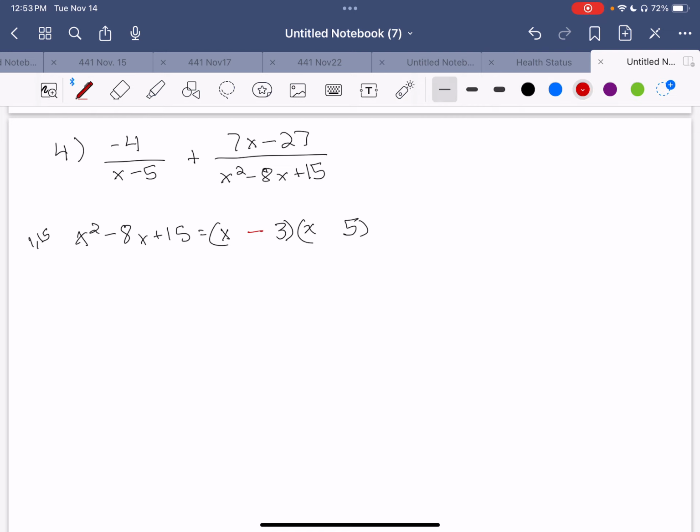So I have negative and negative. Does that work? I get negative 5x minus 3x equals negative 8x. That works. So I can replace this with x minus 3, x minus 5. And that is my common denominator.